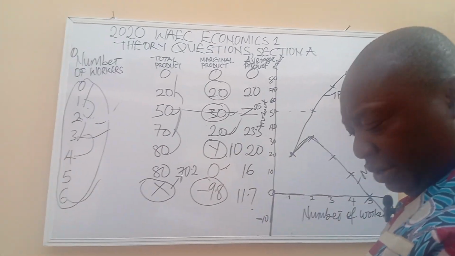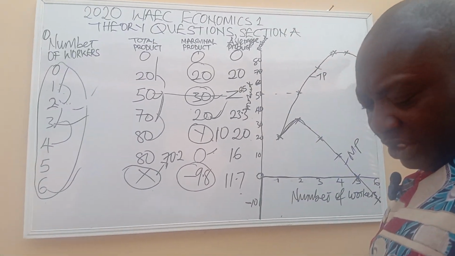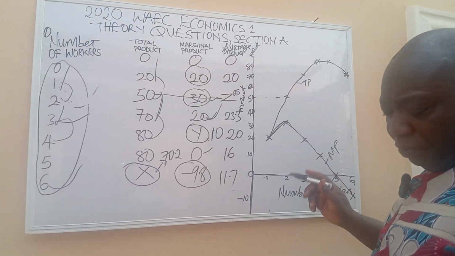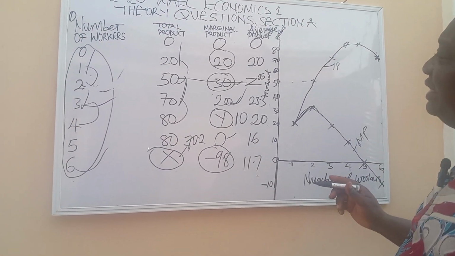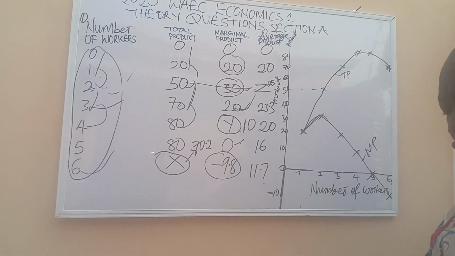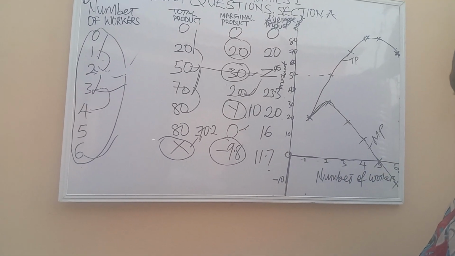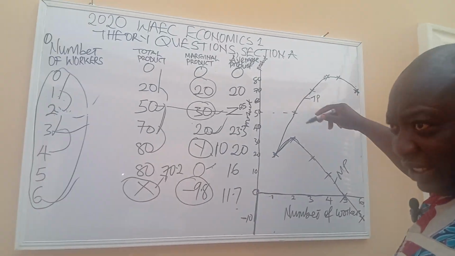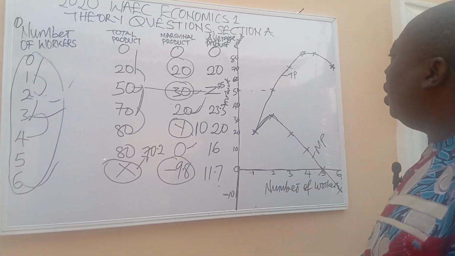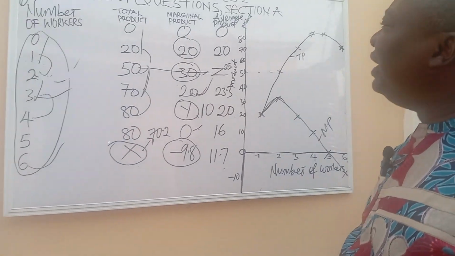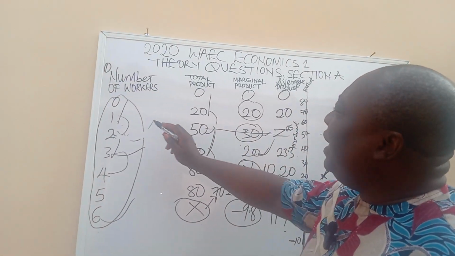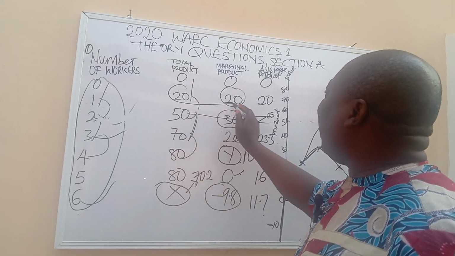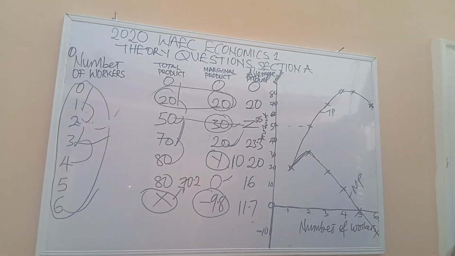Now, the other question. State any two relationships between the two curves in D1 above. We have to state any two relationships. Now, you will discover that when number of workers is 1, total product and marginal product are the same.